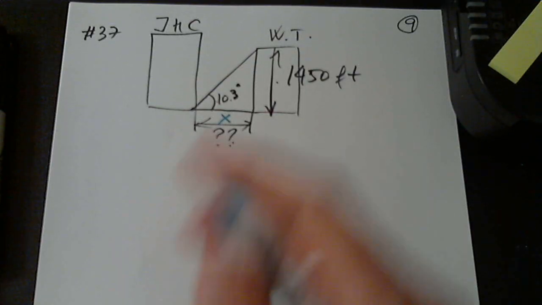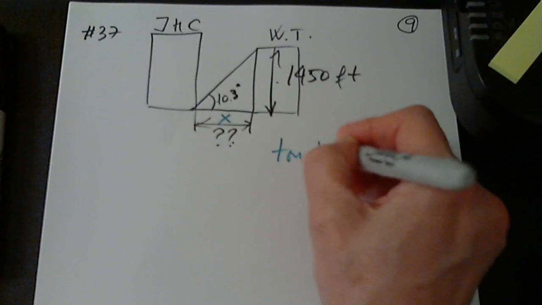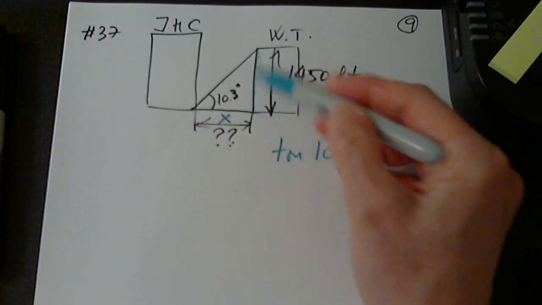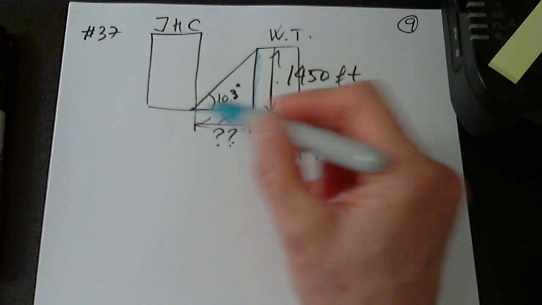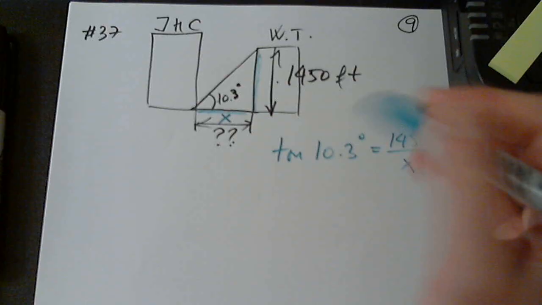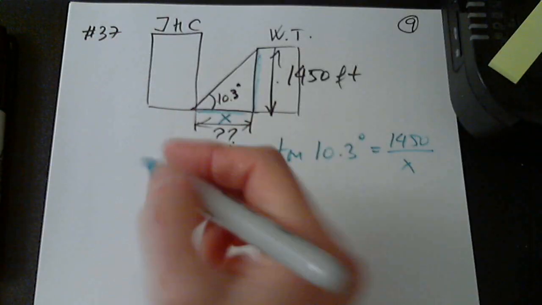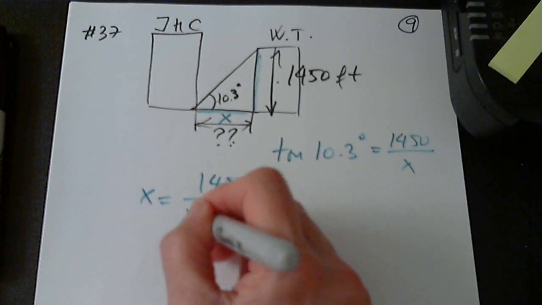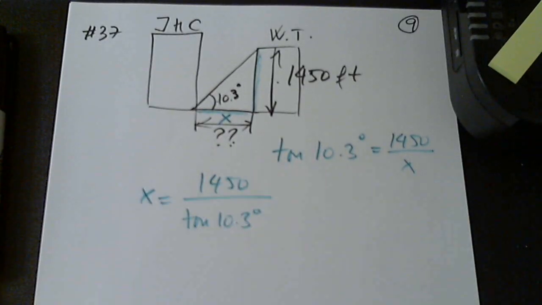Tangent. Very good, excellent. So we have tangent of 10.3 degrees equals opposite leg over the adjacent leg, 1450 over x. Remember, it's a proportion. x equals 1450 over tangent 10.3 degrees.